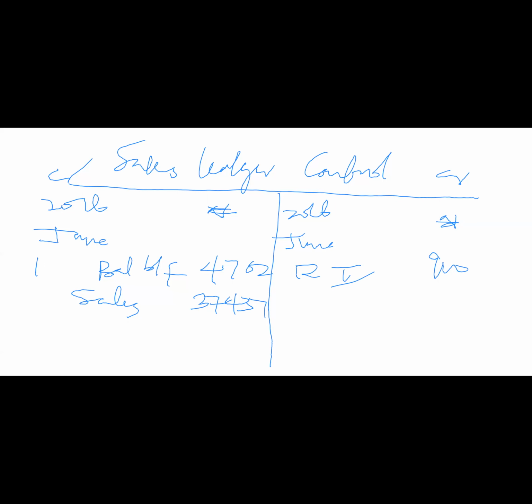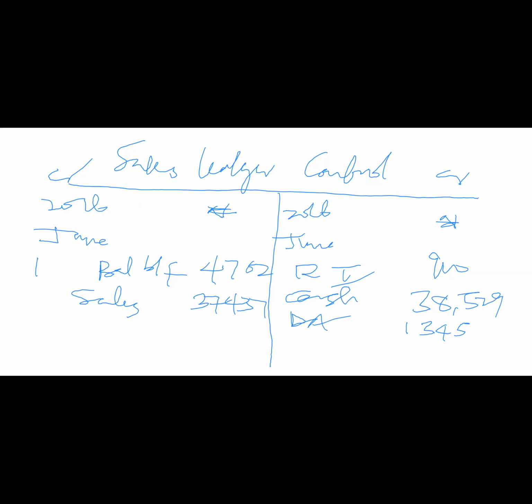Then we have the receipts from customer cash. Receipts from customer cash will be posted to the credit side of the sales ledger control account, which is 38,529. The next one is discount allowed of 1,345. Then the next one is payment to supplier.